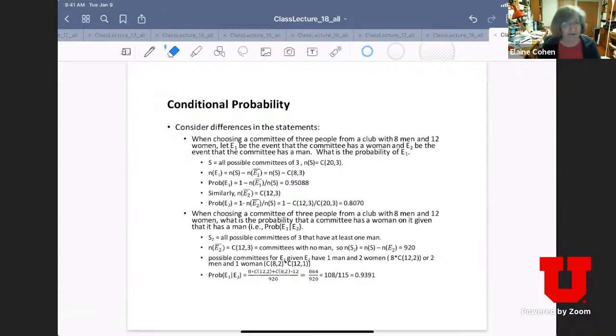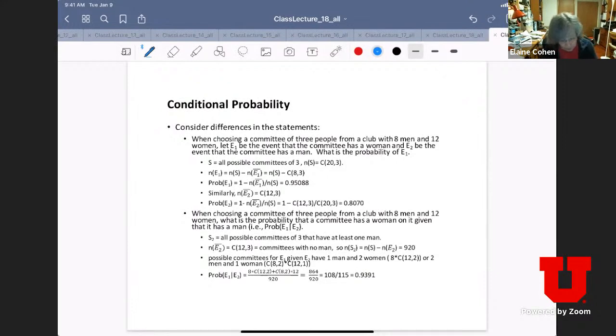So the number of events in E1 is the number of events in the sample space minus the number of committees with no women, which is all men. So that's the number of combinations of 8 things taken 3 at a time. So the probability of E1 turns out to be 0.95088 carried out to that many places.